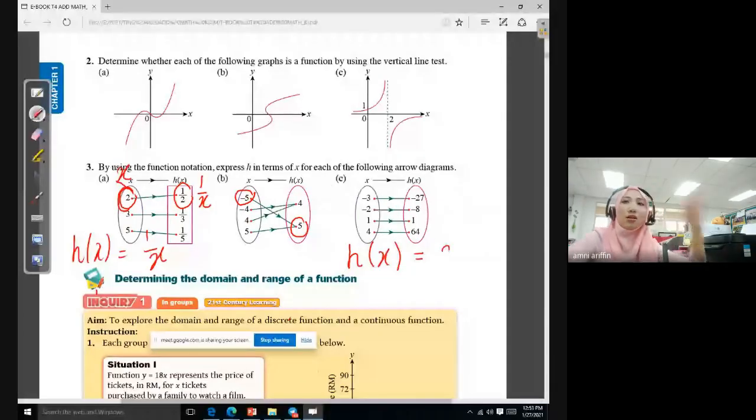So dia kata all negative number if we put in the absolute value, dia akan jadi positive number. Okay, yang ini boleh fahamkan dia akan jadi kuasa 3.